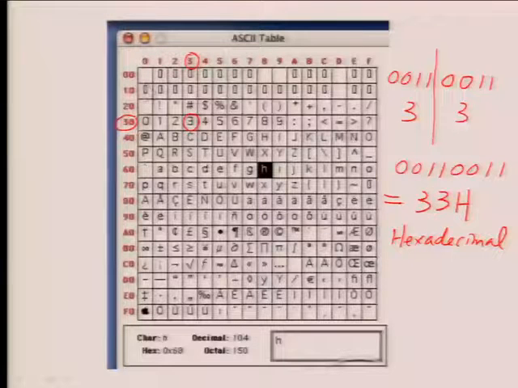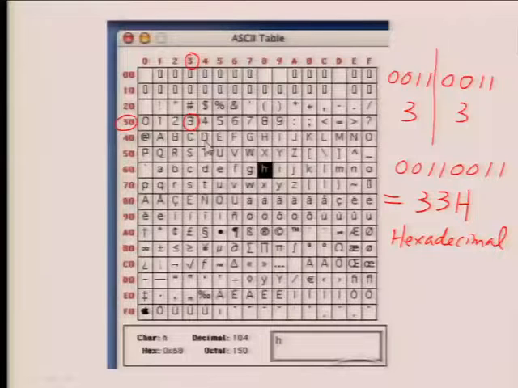So how do you look up 33? On the column here, we can see that 30 means this row starts with 3. And then for each column here, you have the number. For 30 and add 3, we'll have 33 hex, and I get the character 3 here. If I get 30 and 5, I will get a 5 there. If I get 40 and 4, I will get a capital letter D.